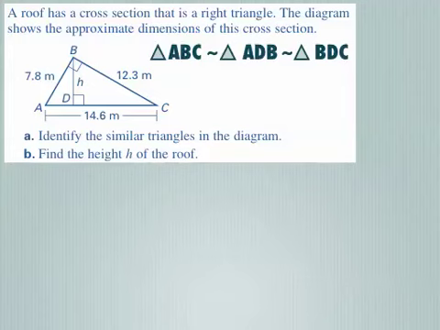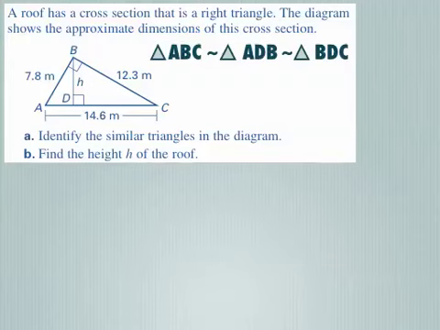The next example says to find the height h of the roof. If you look at the information that we're given about these triangles, first of all, we have three similar triangles. So to find h, I should be thinking about setting up a proportion. If you look at the largest triangle, triangle ABC, we know the hypotenuse and we know both the shorter and the longer leg.